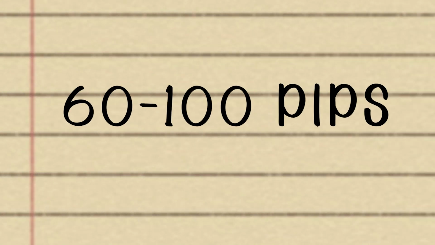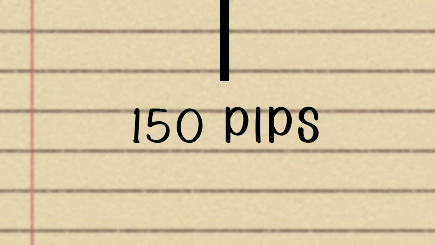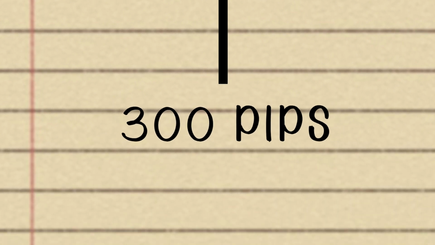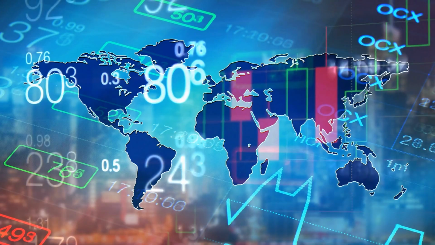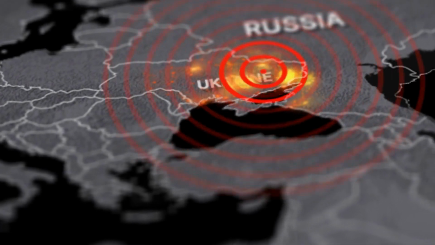For example, setting your trades to achieve 60 to 100 pips is a good start, and then you push it up to 150 pips and maximum 300 pips. Anything more than that, you need a lot of other factors to move the market, such as strong high impact news, fundamental movements, political factors, economical factors, and these are the things that I'm not good at, and hence I never attempted beyond 300-400 pips.